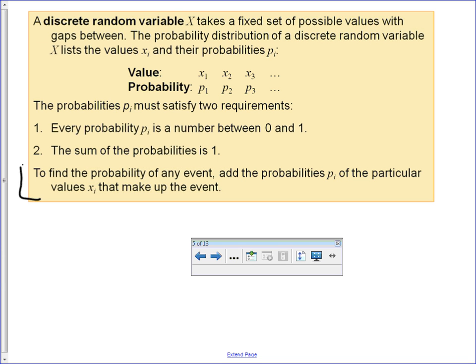Define the probability of any event: add the probabilities p sub i of each x sub i that makes up the event. I know this x sub i and p sub i freaks us out, but remember, your first value is x sub 1, so the probability of it occurring is p sub 1. The second event is x sub 2, so the probability of it occurring is p sub 2. And so for all of those, then it's x sub i goes with p sub i, and the i's just go up from 1 to n, however many outcomes are possible.